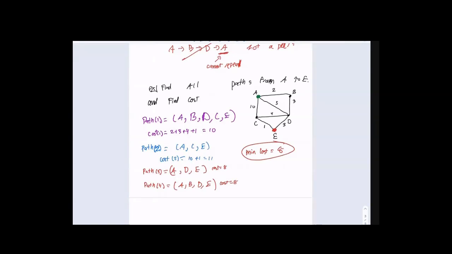Google is such a valuable company because they were one of the very first computer companies that figured out a way to answer the question, what is the minimal cost to get from A to E possible? They did it better than everybody else that came before them. They were able to say, if I start here and I want to end here, how can I do that as best as possible?